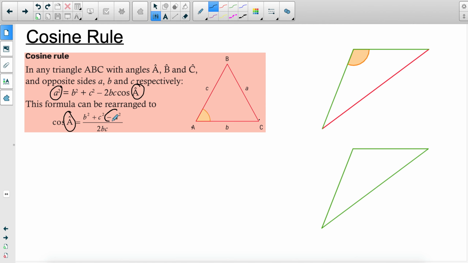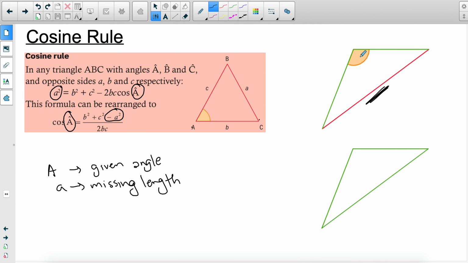And notice that this is a negative A squared. And if A is your given angle, then A will be your missing length. Just make sure you match these two in your formula. So if this is my missing length, then this is the angle I have.